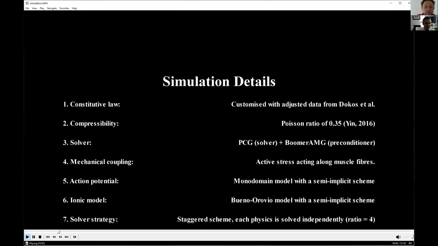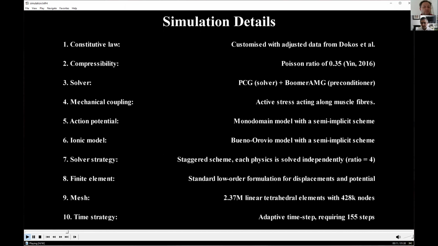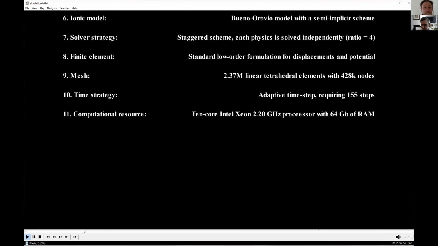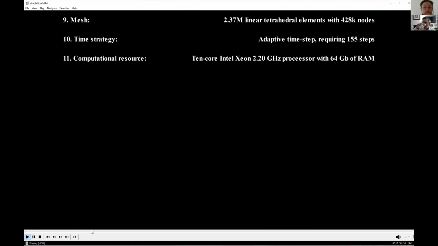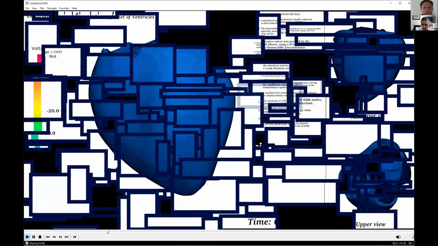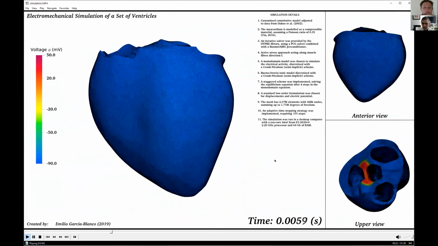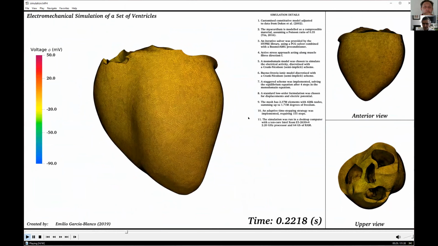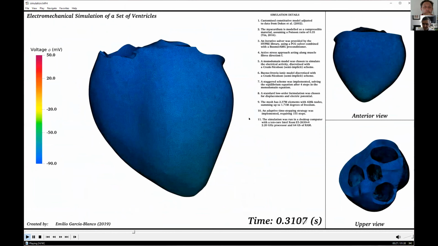This is a summary of the model that he was using for this simulation. This is the voltage as the ventricle deforms.